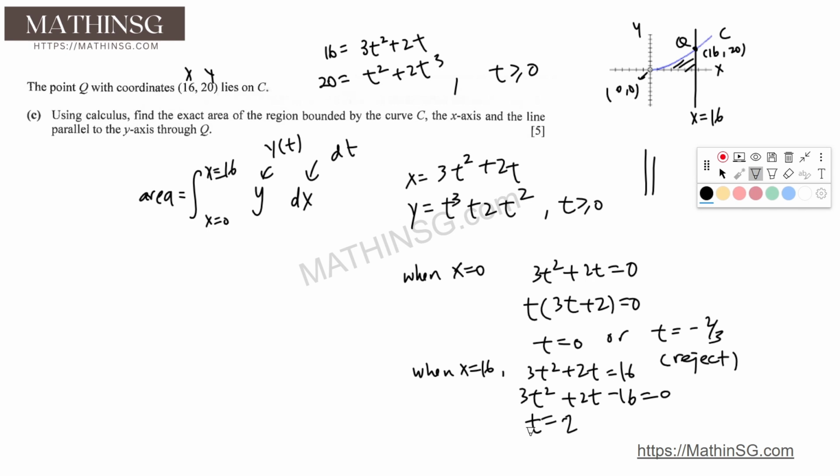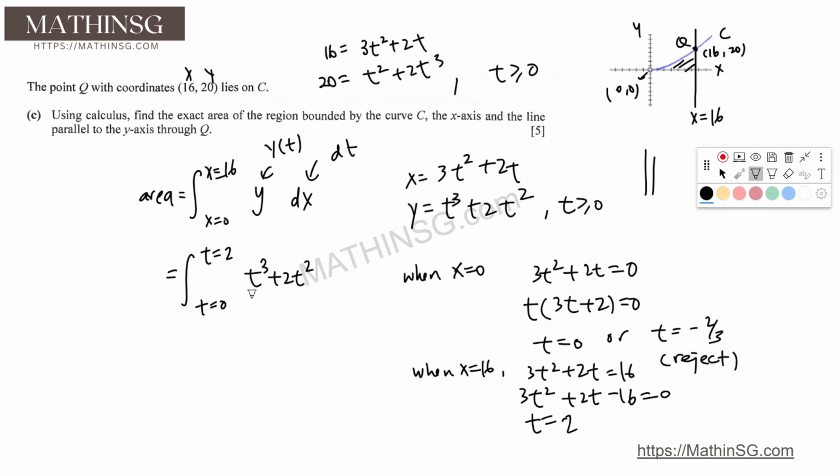So now I know that when x is 0, t is 0. When x is 16, t is 2. My y is t cubed plus 2t squared.